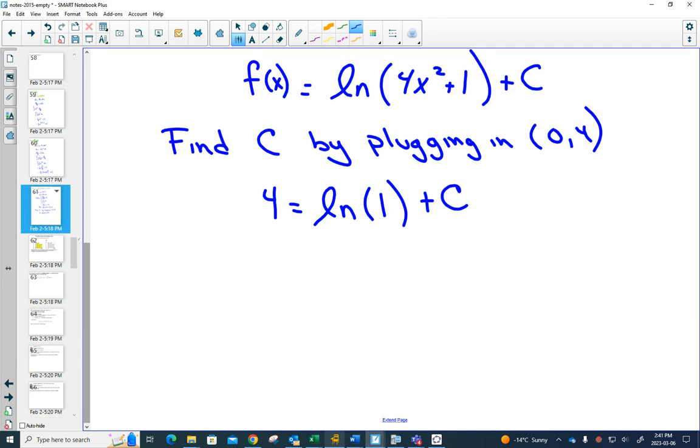And we have to do some mental math with natural logarithms. Do you remember what natural log of 1 is? Do you remember what logarithms are? Logarithms are solving for exponents. The base that you don't see here, imagine there's a little e, right? That's the base of a natural log. Logarithms solve for exponents.